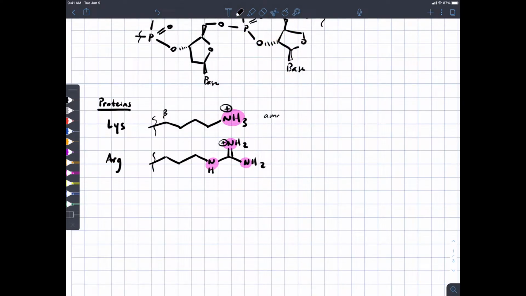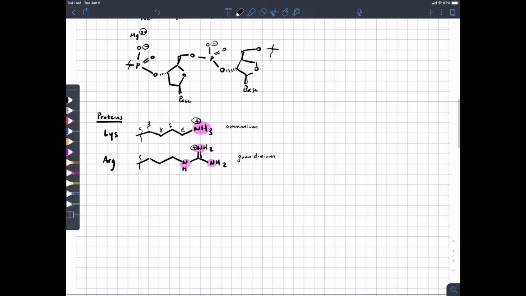This type of group happens to be called ammonium. Sometimes when people talk about lysine, they'll talk about the epsilon amino or ammonium group with lysine. For arginine, the protonated form is called guanidinium. I'm not sure if I spelled that right.